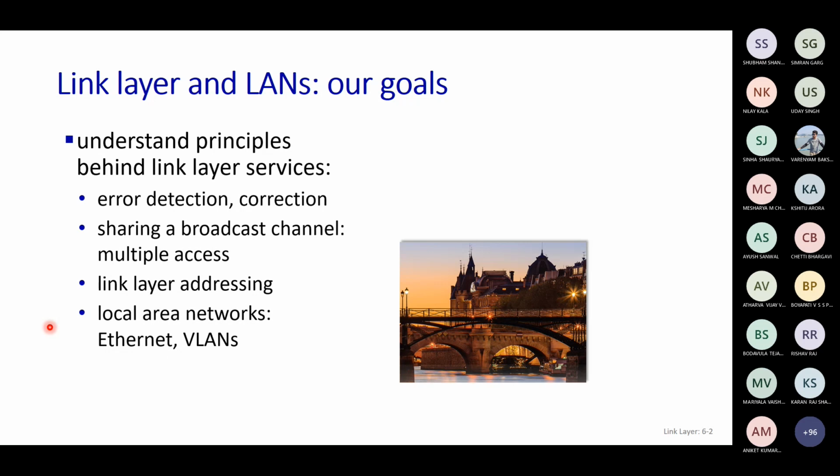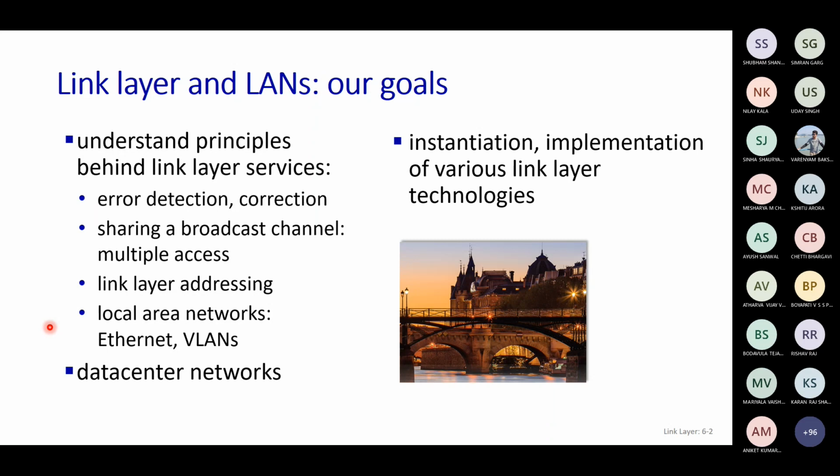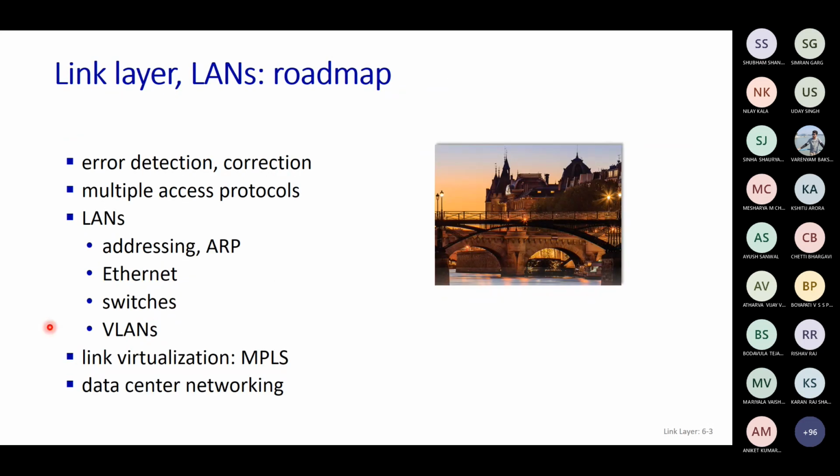Okay, so this is how this chapter is going to be. We are going to start one by one. After that, we will take a very small look at data center networks, and then the implementation of various link layer technologies. Again, error detection and correction and multiple access protocols are two modules that we are going to study.